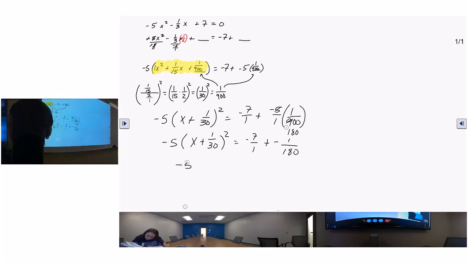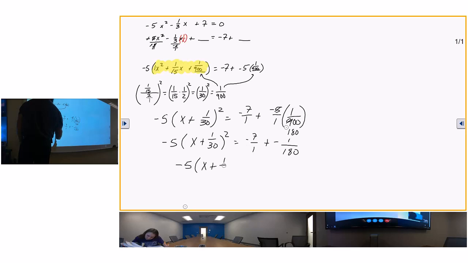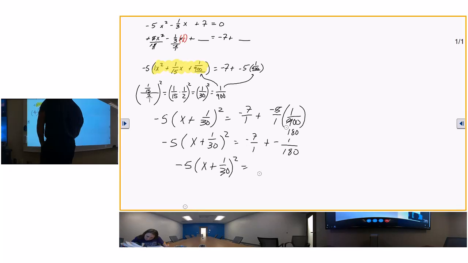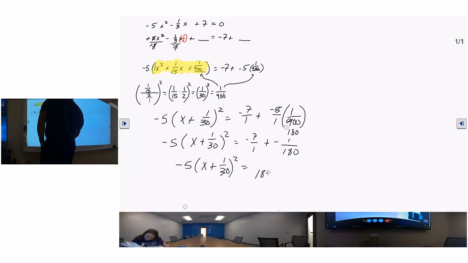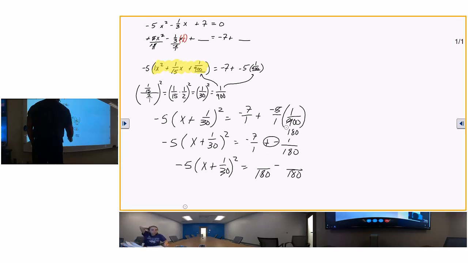-5 times x plus 1 over 30, quantity squared, is equal to, well, I've got to have a common denominator here, so I've got to have 180 and 180 minus, this is a minus. 1 will go into 180, 180 times. That's correct.